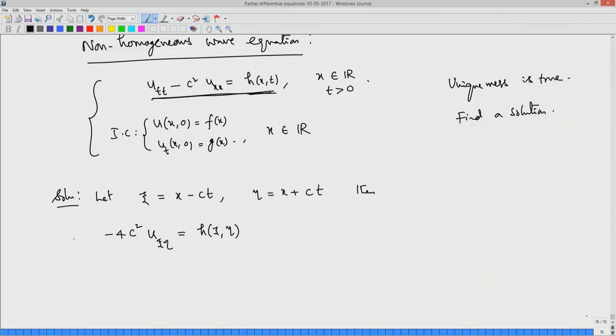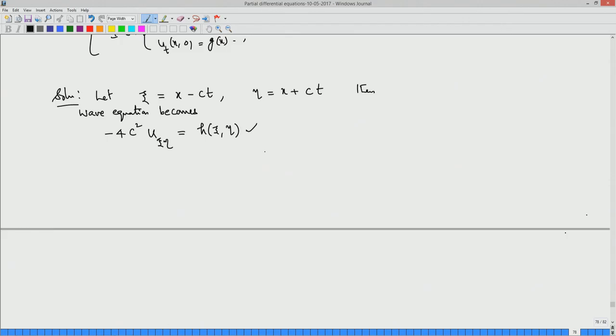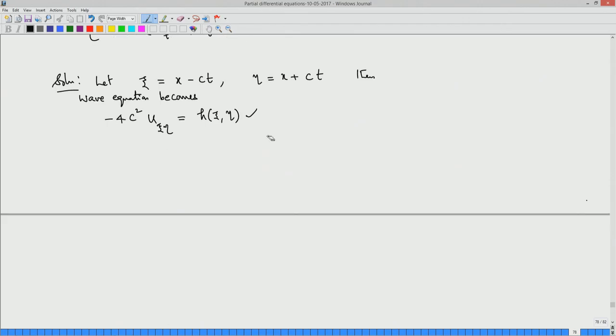So this is what the wave equation becomes, and we will try to integrate it directly, to find u of xi eta.